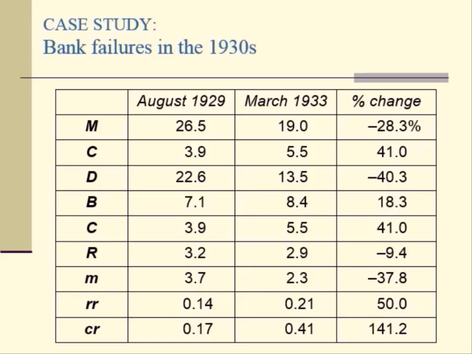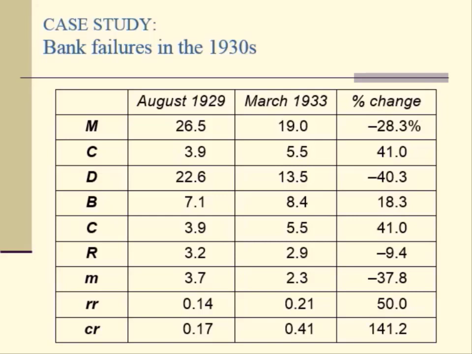The first row is the money supply, which is equal to C plus D, the second row plus third row. And then the fourth row is B, the monetary base, which is equal to C plus R, the sum of the fifth and sixth rows. And then the seventh row is the money multiplier, which is calculated based on RR and CR, the 8th and 9th rows.